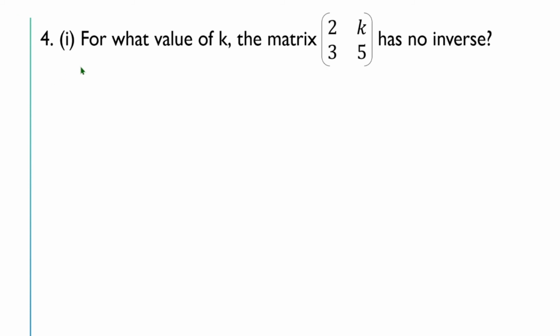Next question, for what value of K does the matrix 2, K, 3, 5 have no inverse? This matrix has no inverse if it is singular. So let A be equal to 2, K, 3, 5.